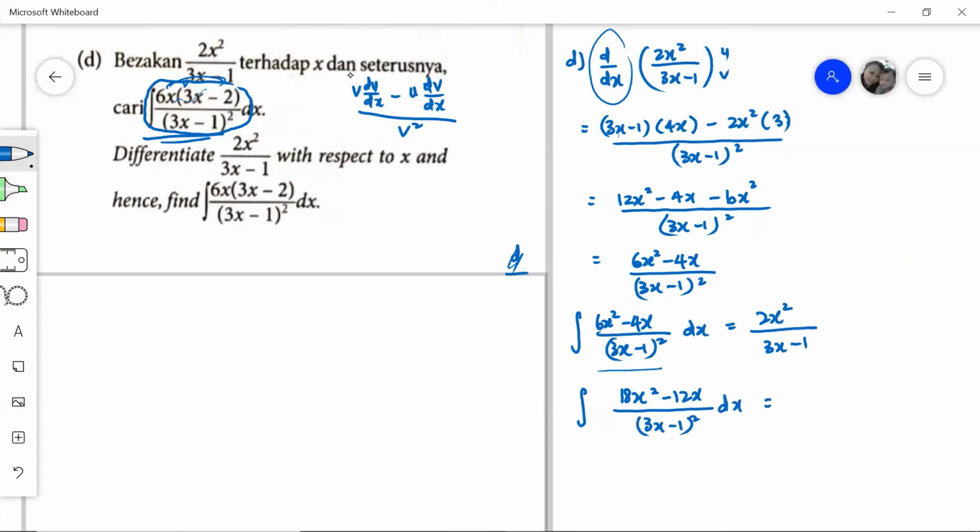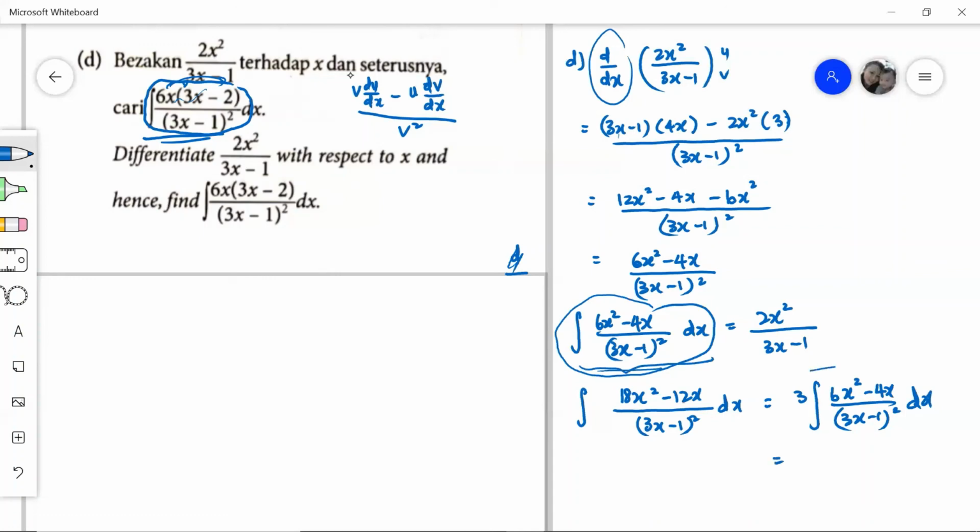Now, let's find this part in the question. How do I get back 6x squared? I factor the 3 out. So take out the 3. I have left with 6x squared minus 4x over 3x minus 1 squared dx. This is exactly the one that we just wrote.